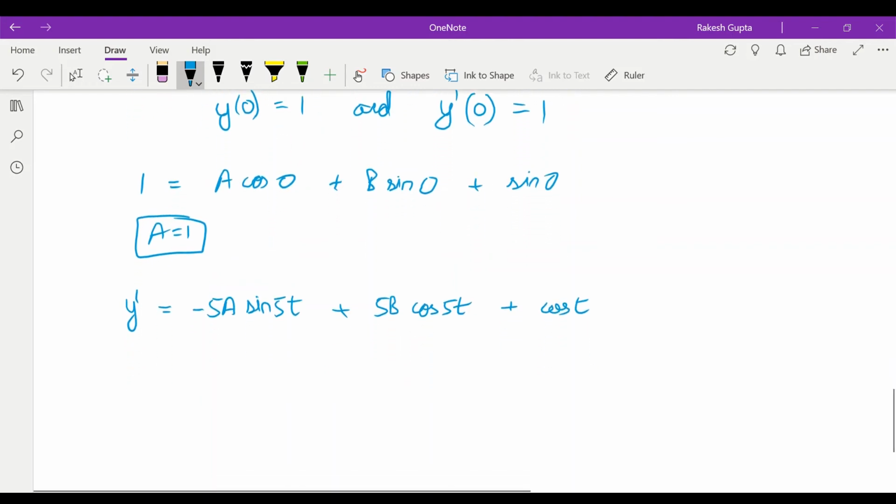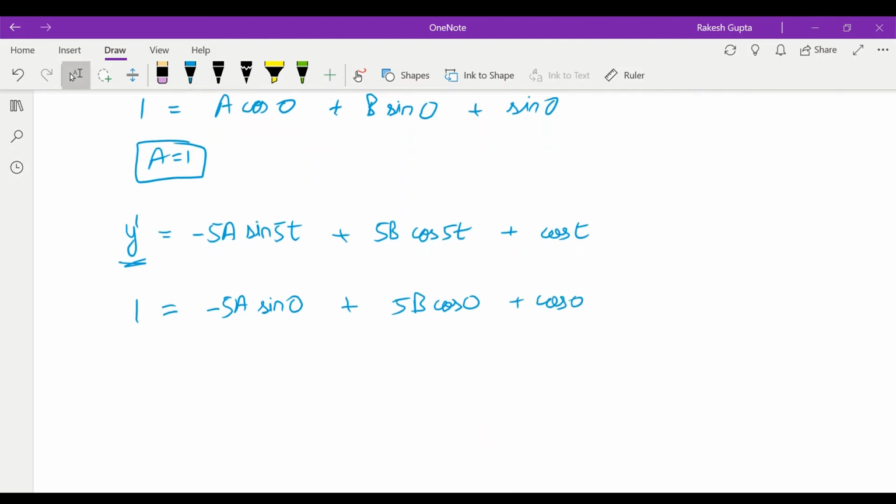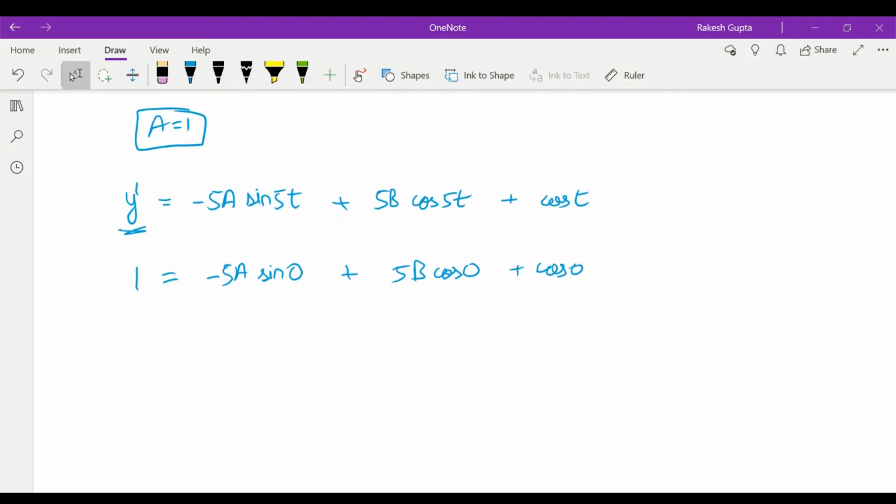Now we substitute this value in this equation over here. So then sin 0 is 0 and cos 0 is 1.